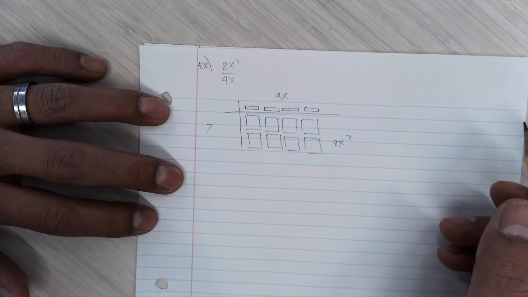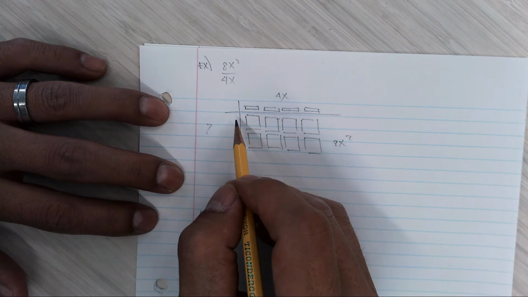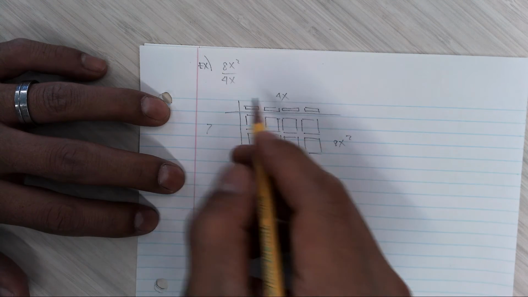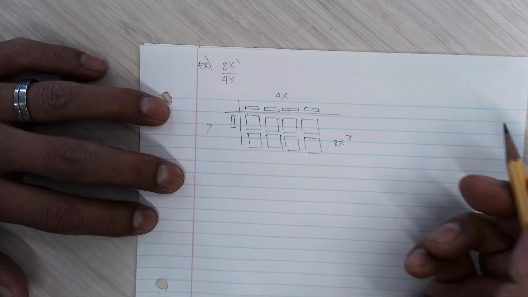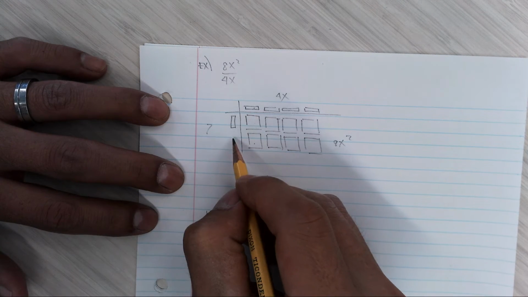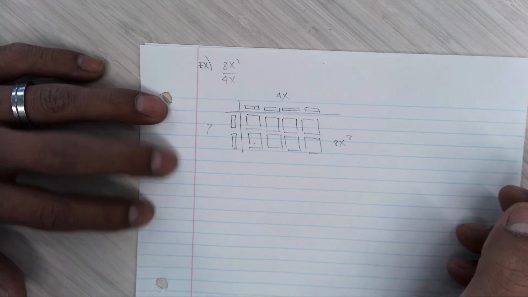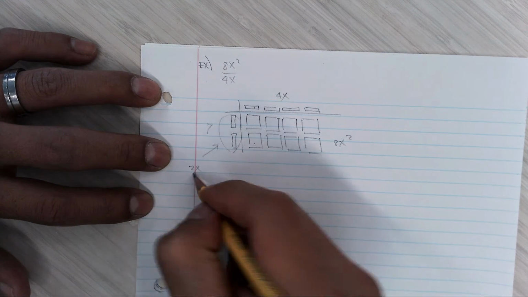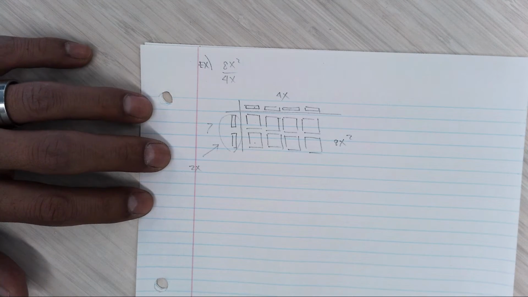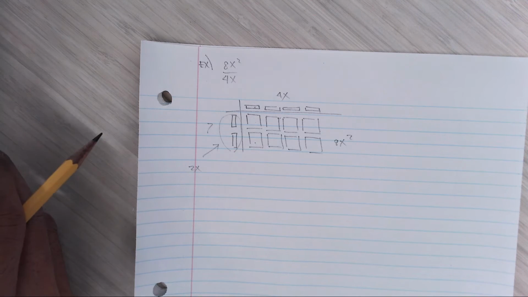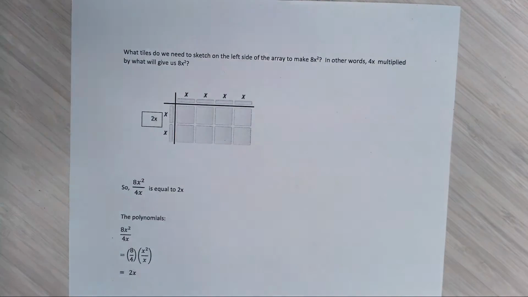What do you have to multiply this x tile by to get an x squared tile? You're going to have to multiply it by another x. So this is actually our answer right here: 2x tiles. And I guess that's pretty much what I tried to demonstrate in the notes here.